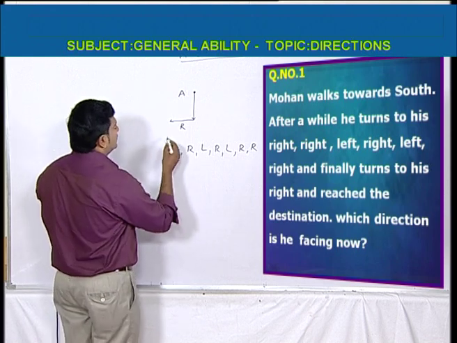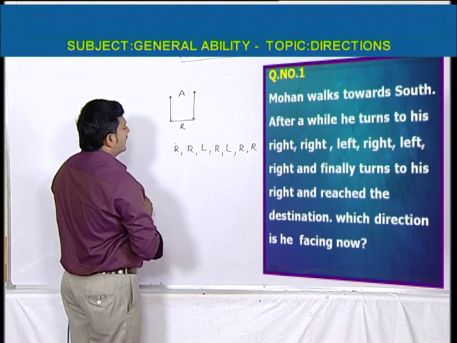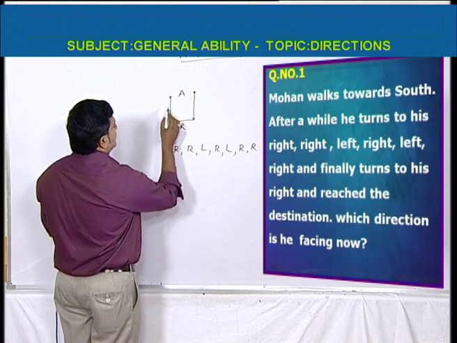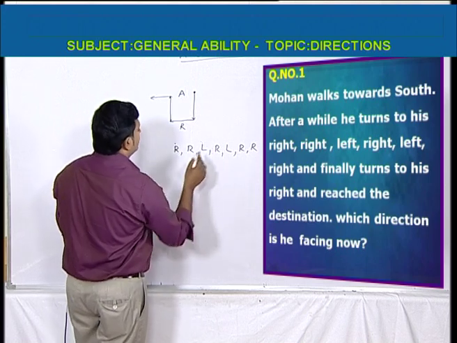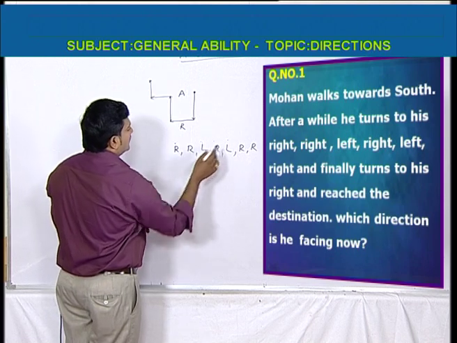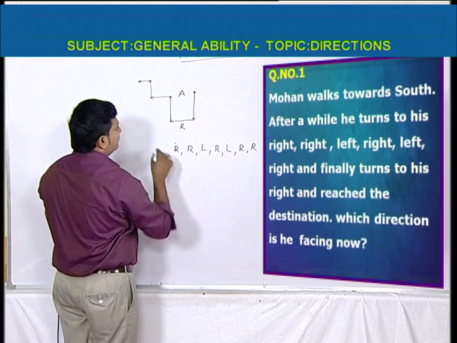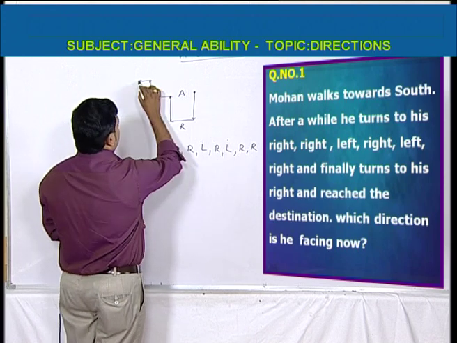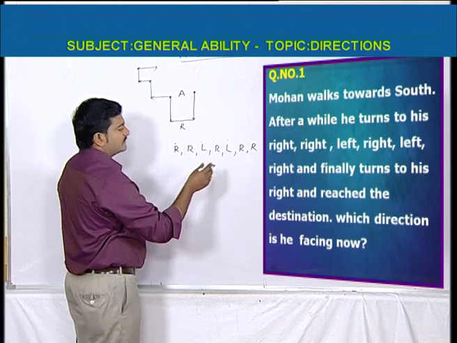Next again we apply the right direction, and again left direction, then right direction, then left direction, then right direction, and finally right direction. So these are the lefts and rights given.